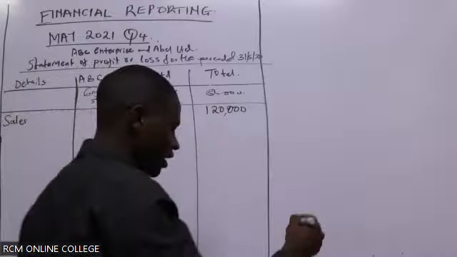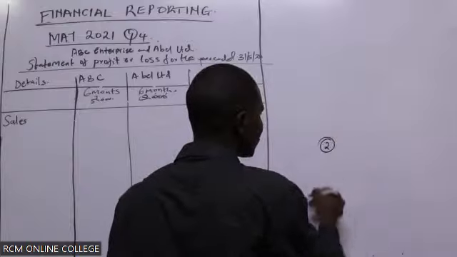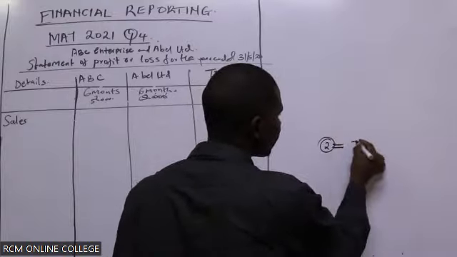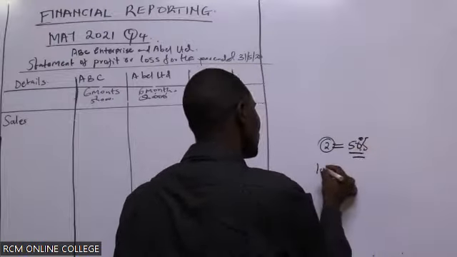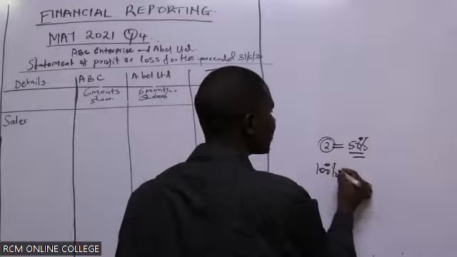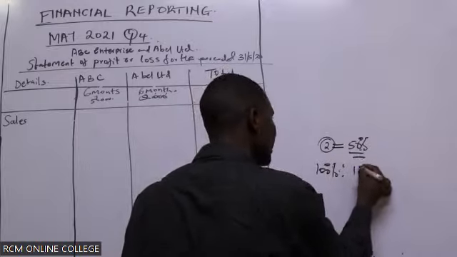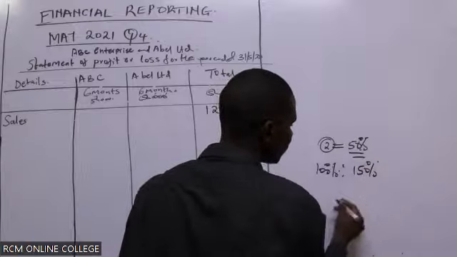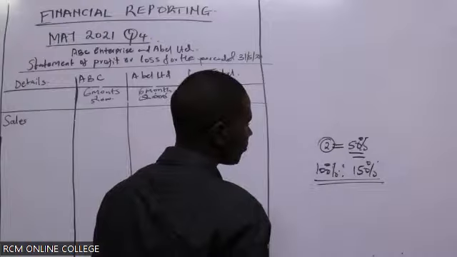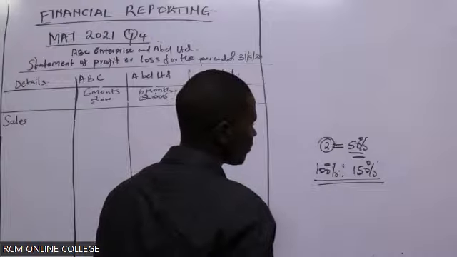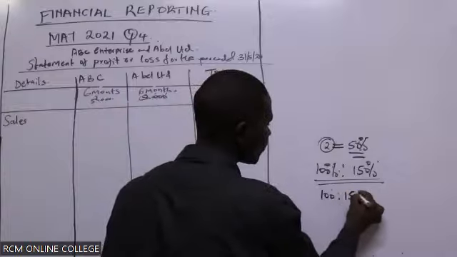And we are told that now sales for the second half will be 50% more. So if sales for the first half was 100%, that means sales for the second half will be 150%. So it's 100 is to 150.